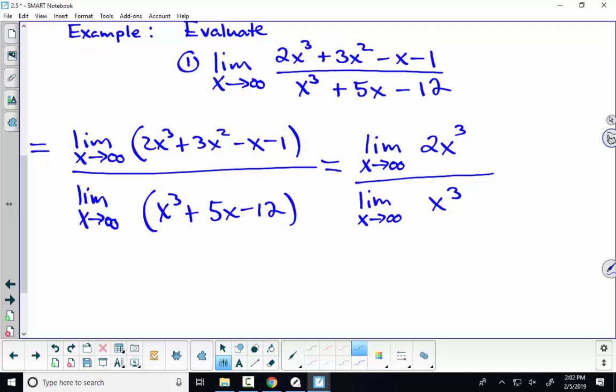It's 2, right? 2x cubed divided by x cubed equals 2, as long as x isn't 0. So that limit is equivalent to this limit. And as x goes to infinity, what's our limit there? 2. The limit is equal to 2.